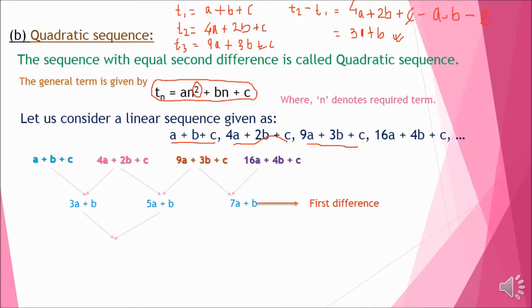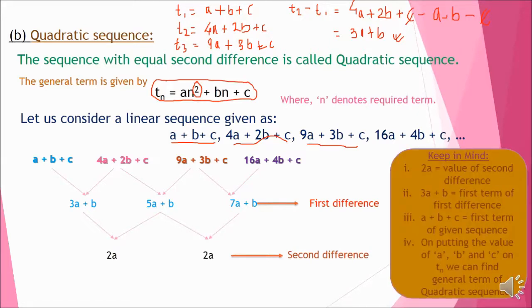But let's see the second difference: 5a plus b minus 3a plus b. The b and b got cancelled, 5a minus 3a, so the value will be 2a. Similarly, 2a again. Now we have an equal second difference, so it is a quadratic sequence, as we have already discussed. We have to keep in mind that 2a is equal to the value of the second difference, and 3a plus b is equal to the first term of the first difference.